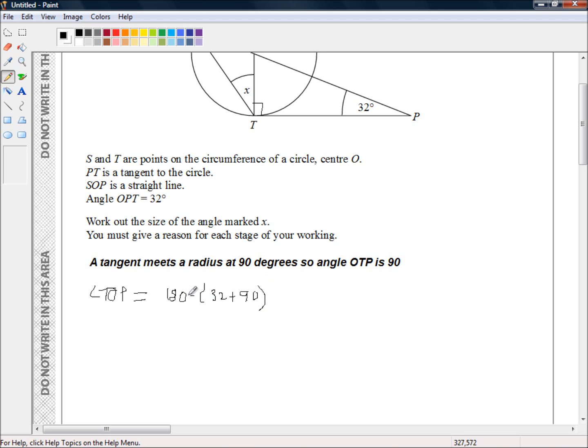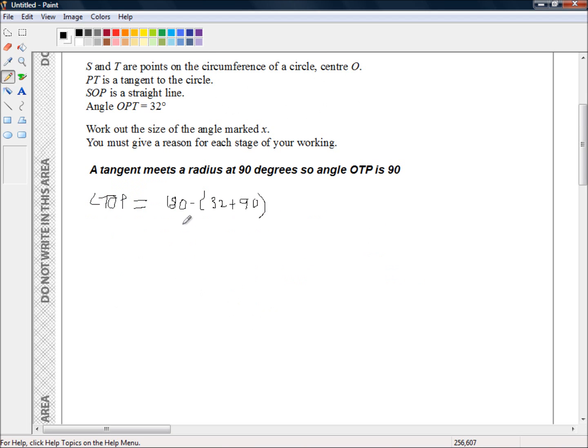So we have to do this first before we do this. So that's the same as saying 180 minus 90 minus 32. And 180 minus 90 is 90 minus 32.